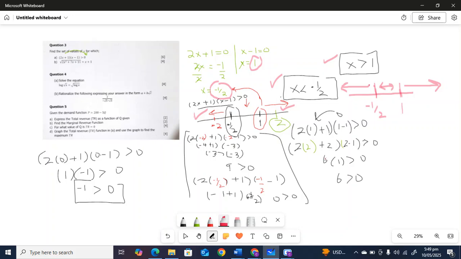Then in your workings, you show that, okay, you pick a value and say, if we choose this, you pick the value and you should prove that it holds the inequality true. Okay, so for each range, just pick one value.